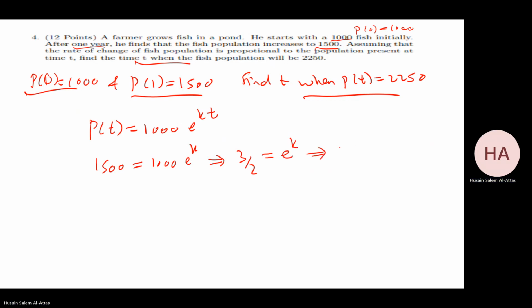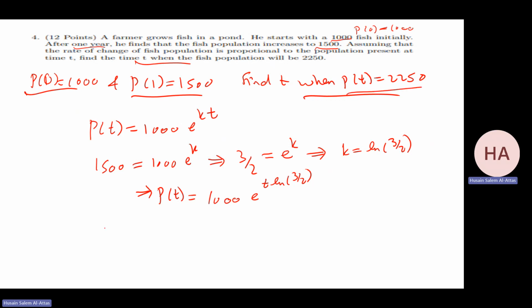So K equal ln 3 over 2. It will be easier actually. So P of T equal 1,000 e^(T ln 3/2). Okay. Now I'll use this: 2,250 equal 1,000 e^(T ln 3/2).